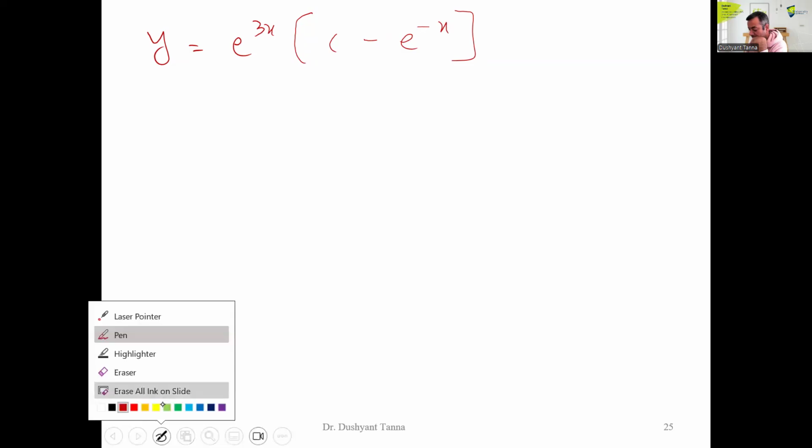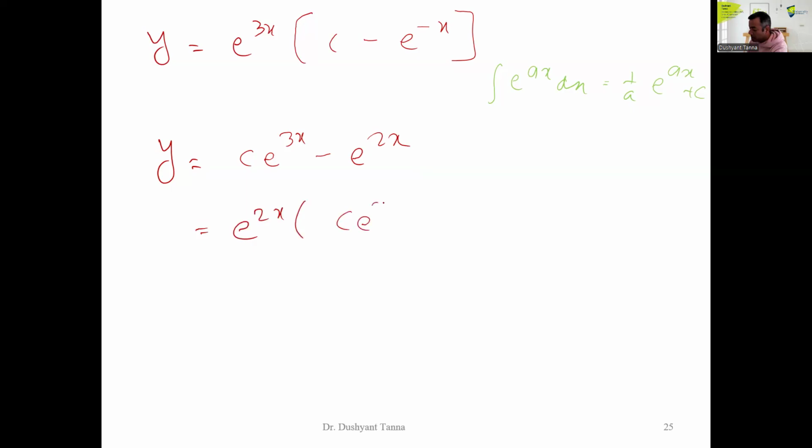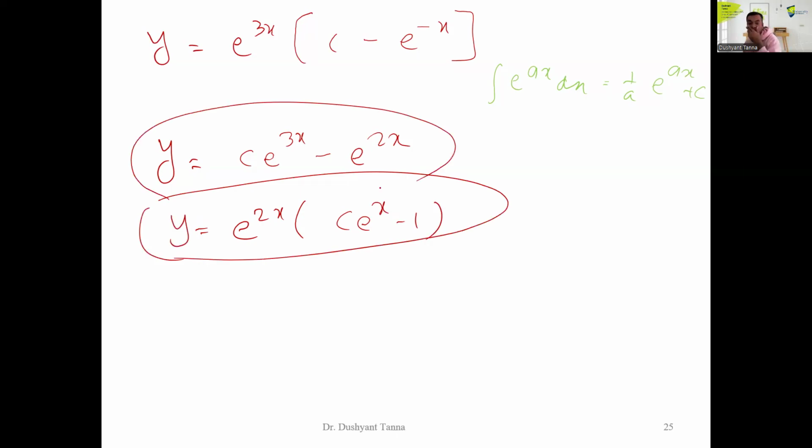This is with respect to the formula: integral of e raised to ax dx is 1 on a, e raised to ax, of course, plus c. Then just simplify it. So c e raised to 3x minus e raised to 3x times e raised to negative x, can I say e raised to 2x? Or you can take e raised to 2x common, c e raised to x minus 1. Yeah, this is my final y, all this one. Both of them are good.